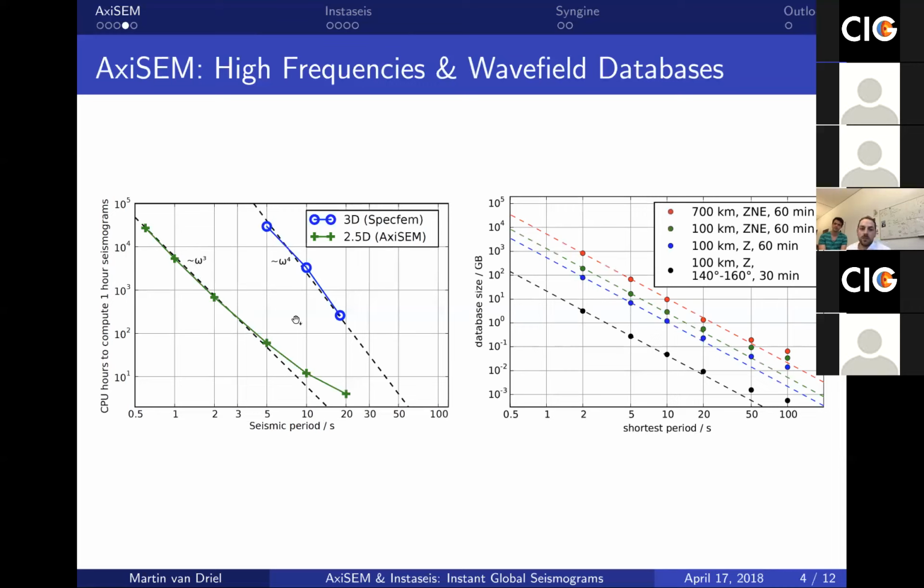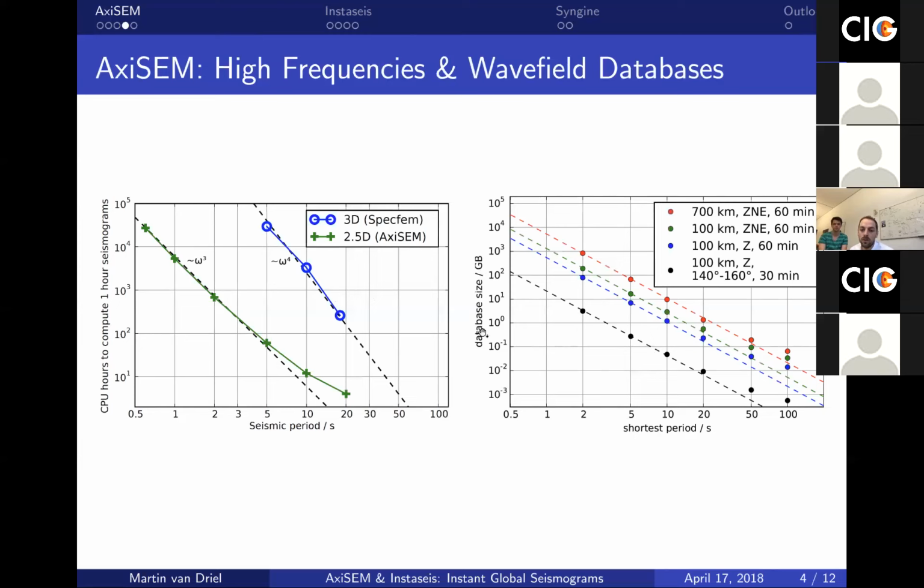Another advantage of this decomposition of the azimuthal dependence and the source receiver plane dependence is that this allows us to store wave fields. So while in 3D, storage would just not be sufficient for storing the full wave fields, we can actually afford that. And what you see here is, again as a function of the shortest period, the database size.